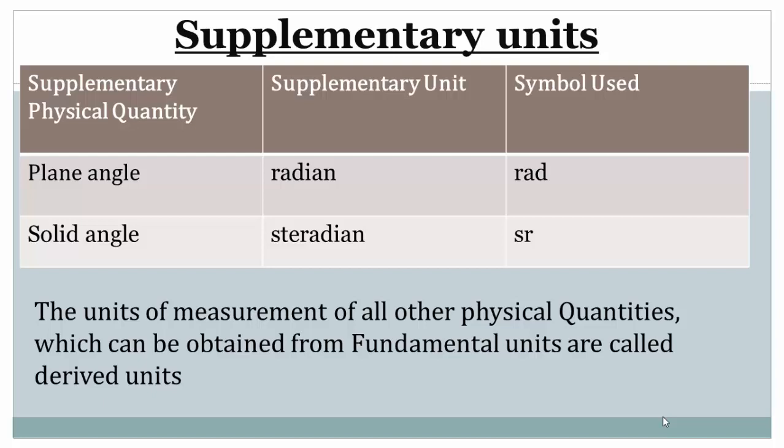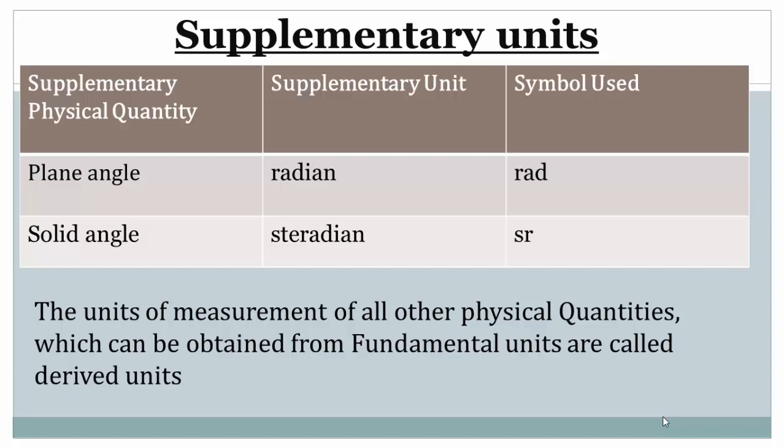The units of measurement of all other physical quantities which can be obtained from fundamental units are called derived units. For example, Newton is the derived unit which is derived from mass, kilogram and second.